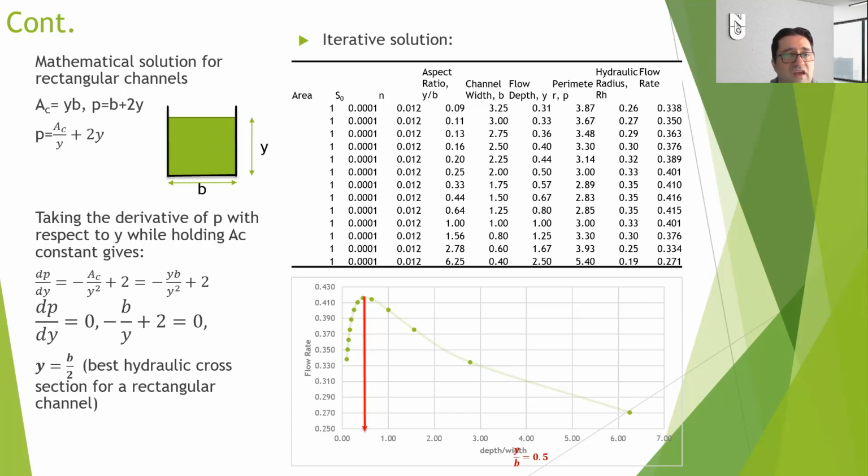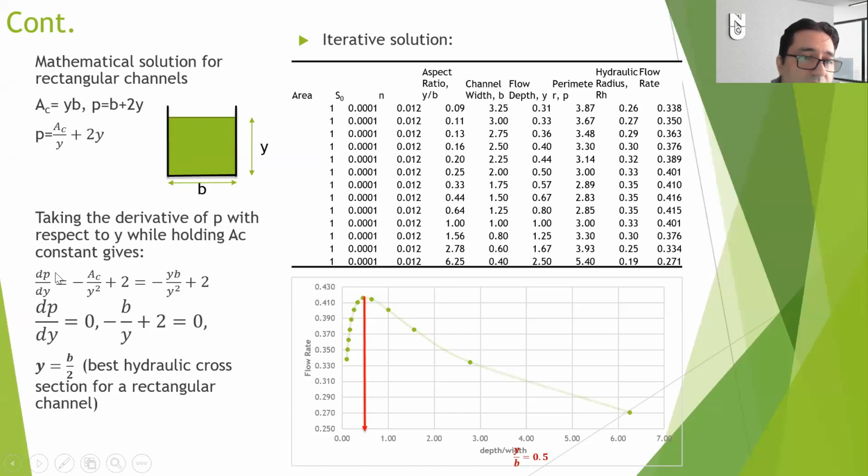So in this case, I take the derivative of P with respect to Y while holding area constant. What I'm doing here is assuming that area is a constant value, so 1 unit of volume. In order to carry 1 unit of volume, how can I minimize the perimeter?